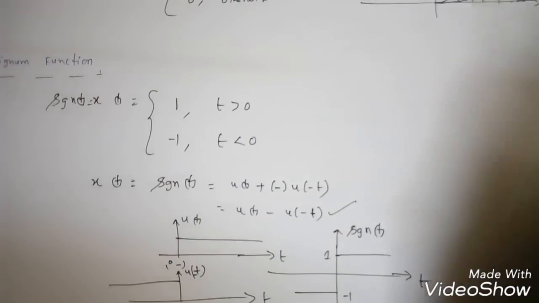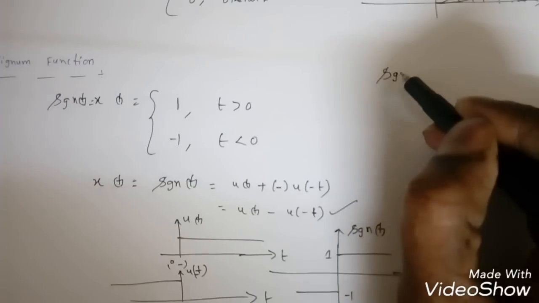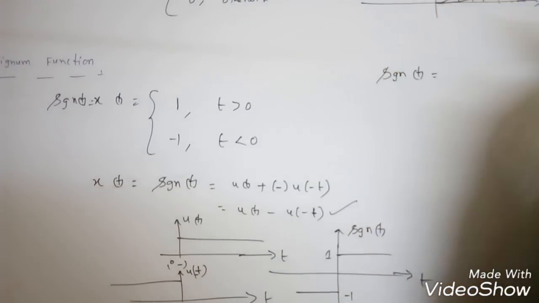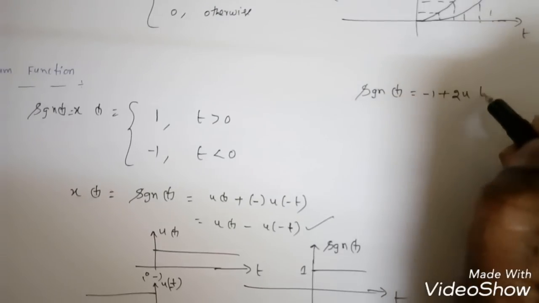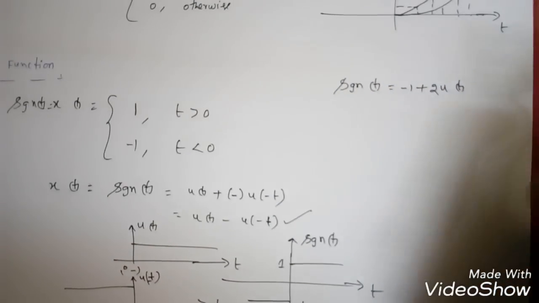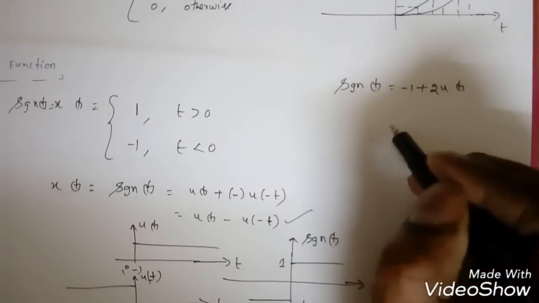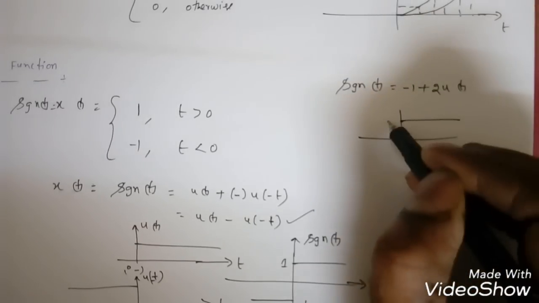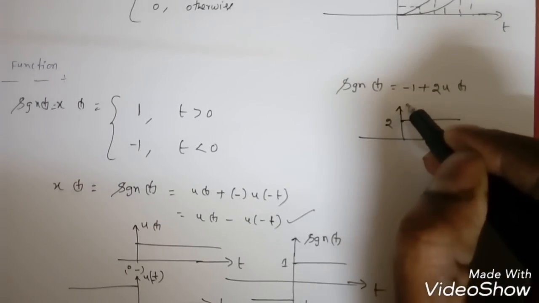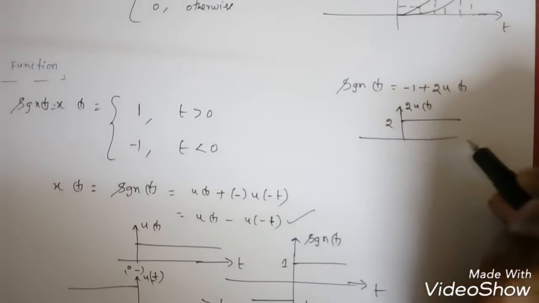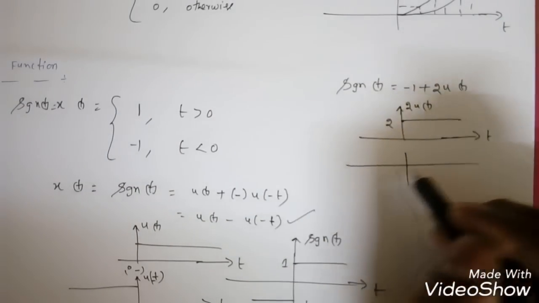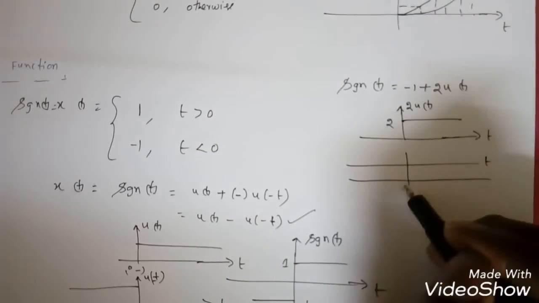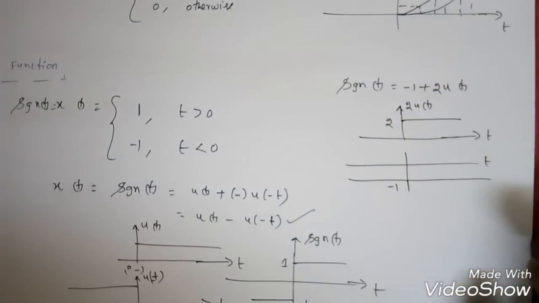Another way of representing signum t is sgn of t equals minus 1 plus 2 into u of t. How? 2 into u of t means multiplication with 2. What does minus 1 mean? From minus infinity to infinity we get minus 1.